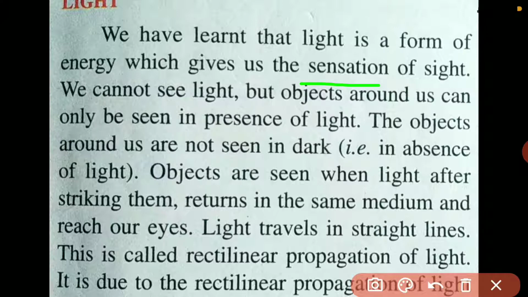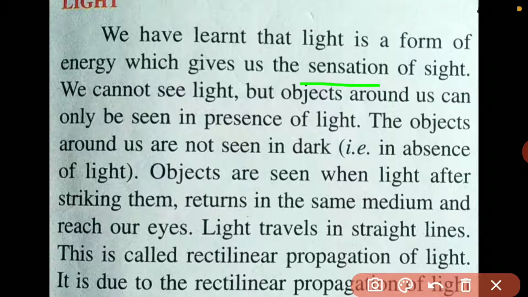Sensation is a thing in our body which is initiated by energy. Like we can hear things because of sound energy, we can see things because of light energy. So there are various other kinds of energies also. We cannot see light, but objects around us can only be seen in the presence of light.